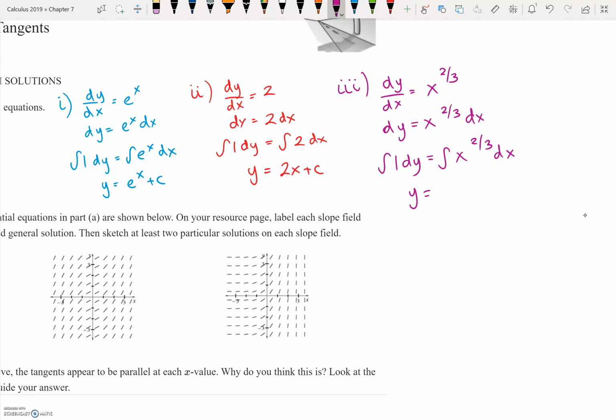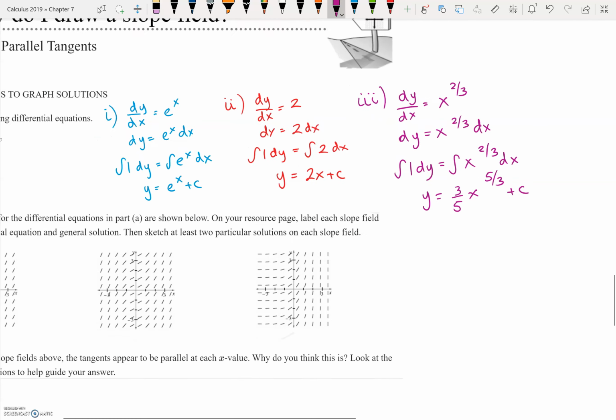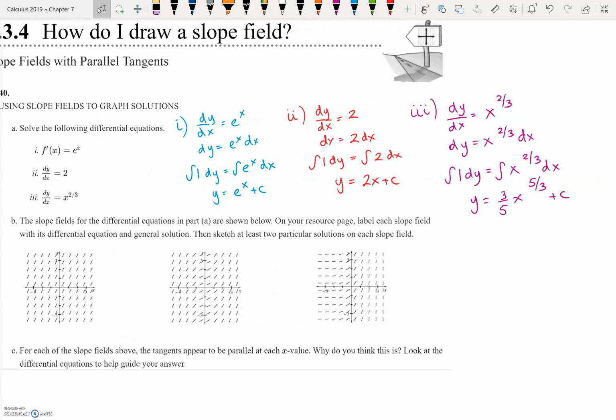So what is the antiderivative of x to the 2/3? Well, we're going to add a power to this, so we'll get a total of 5/3. And if I was to take the derivative of 5/3, how would I get a coefficient of 1? Well, if I'm going to bring 5/3 down here, it needs to multiply by the reciprocal, which is 3/5. So 3/5 times 5/3 makes a coefficient of 1. We'll say plus c.